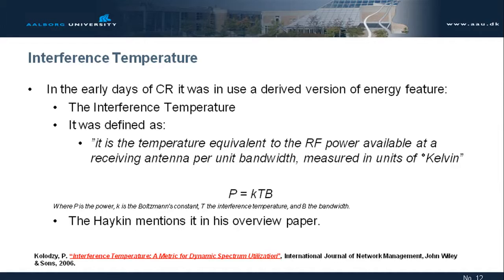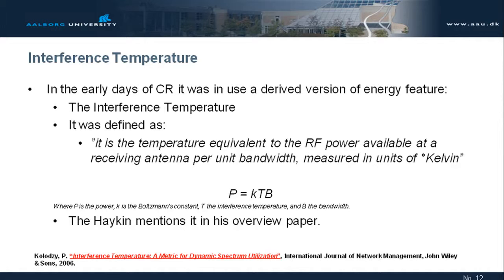I haven't heard any more papers that use interference temperature lately. Because I think that the FCC has made the definition of the interference temperature. I'm not sure. Yeah, that's the definition from Paul Kolodzy, and Paul Kolodzy is one of the main consultants for the FCC. So that's the FCC definition, basically.